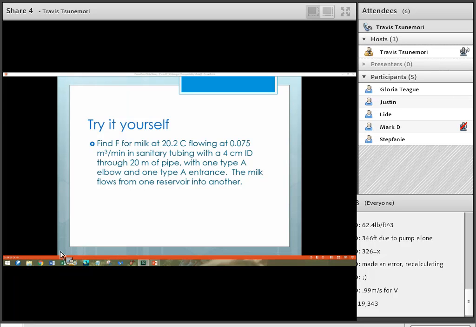And we're going to assume an epsilon of 0.046 meters.